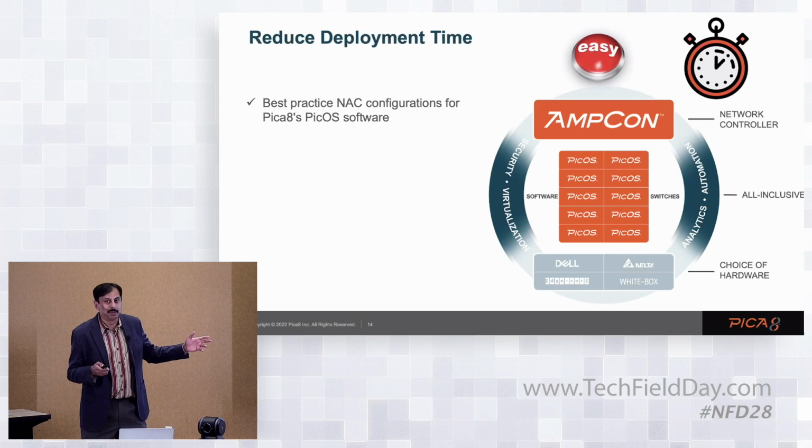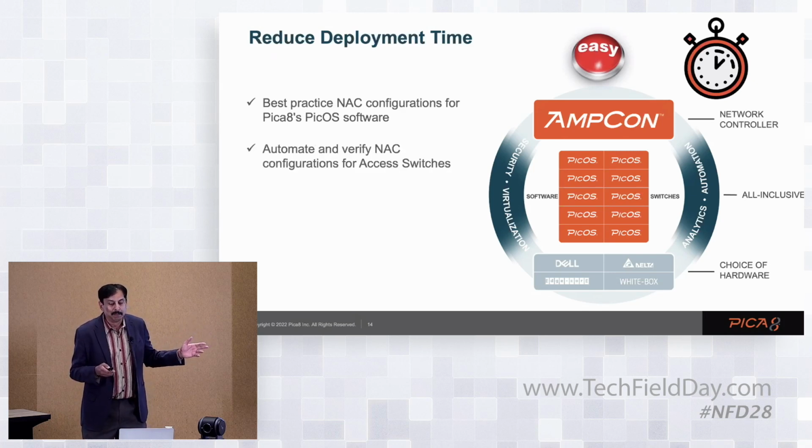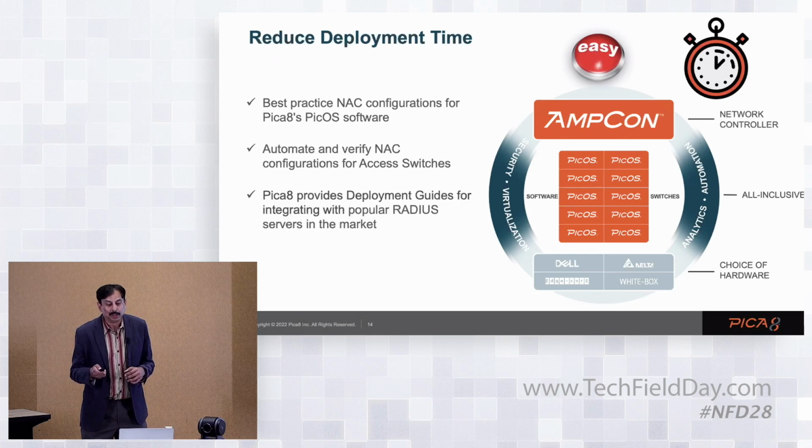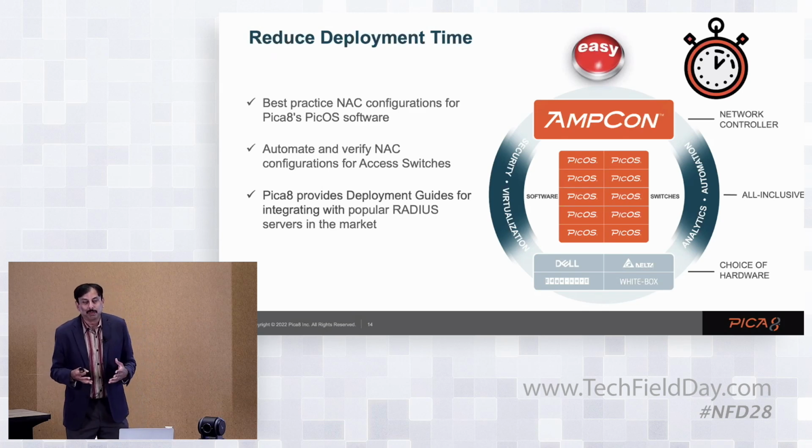One of the things we provide is best practice NAC configuration. And then the automation tool, AMCON, automates verifying this NAC configuration, as well as deploying it on a bare metal switch. The third part, configuring RADIUS servers, is pretty complex. So we provide you the configuration. You don't need to figure it out yourself.